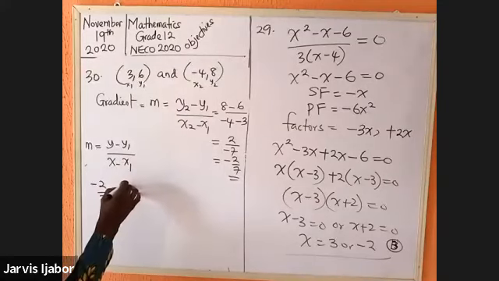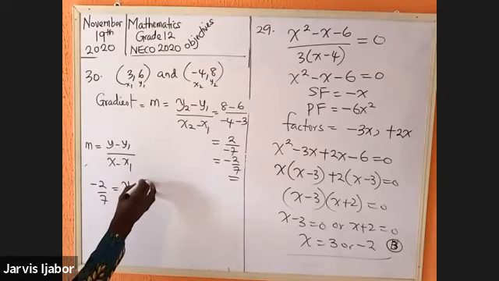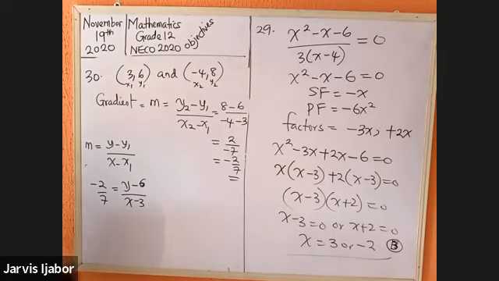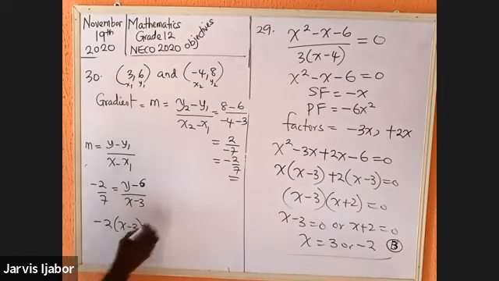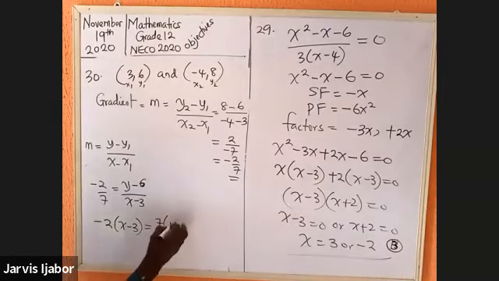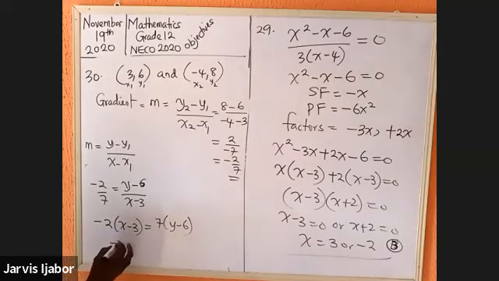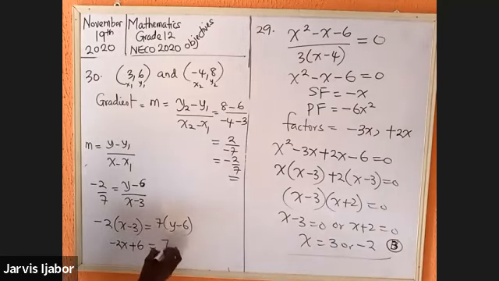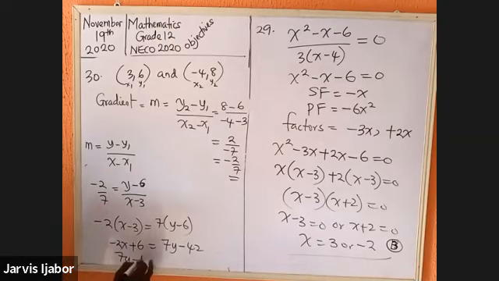That will be y minus 6 all over x minus 3. So this will now give me -2 into x minus 3 equal to 7 into y minus 6. Open up: -2x plus 6 equal to 7y minus 42. It means that 7y minus 42 will be equal to -2x plus 6.